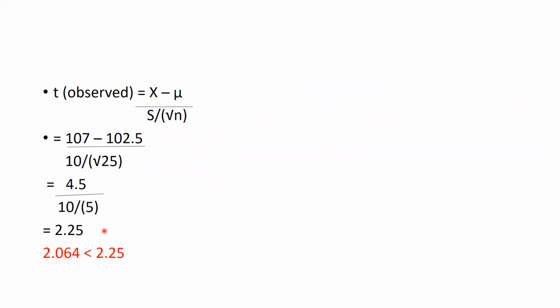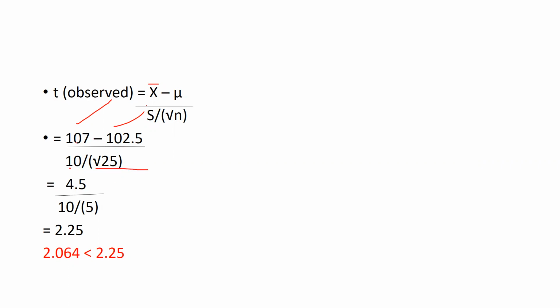This is the formula through which we calculate. Let me take my pen. You can see here x bar minus mu, divided by s divided by the square root of n. So x bar is already given, 107, mu is 102.5, 10 is our standard deviation, and n is 25.